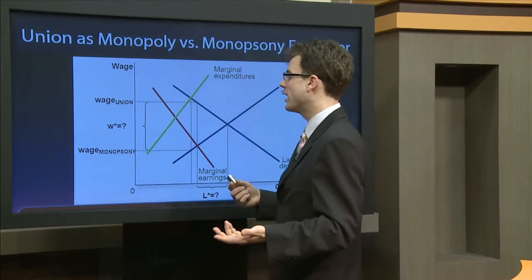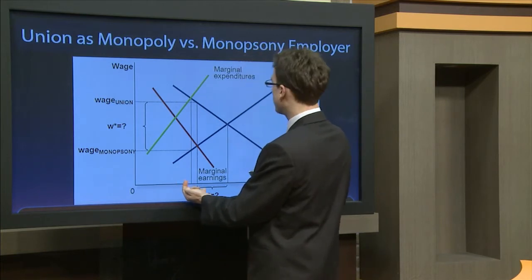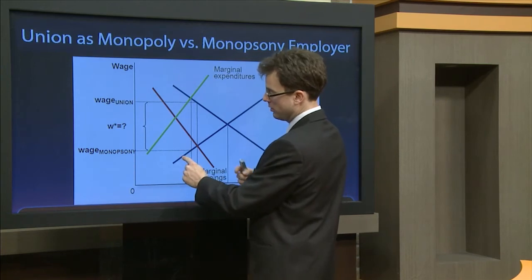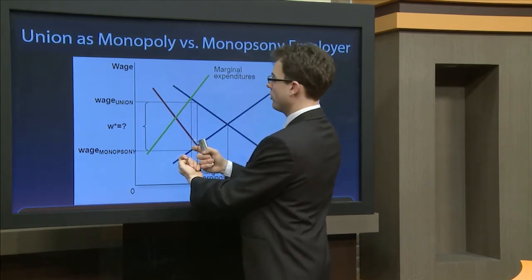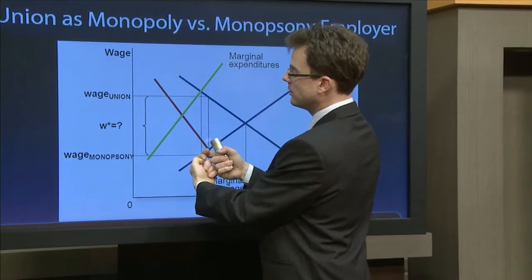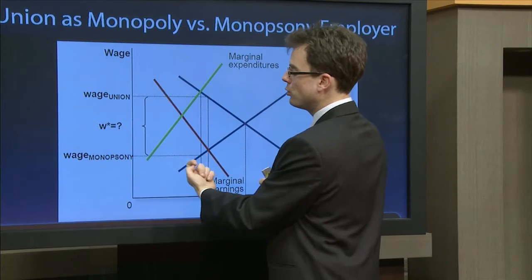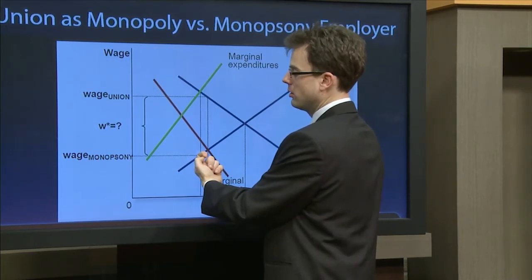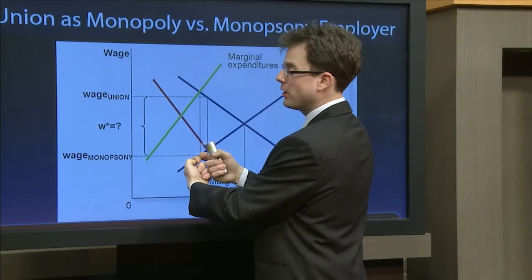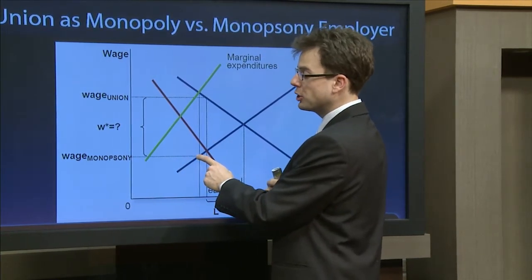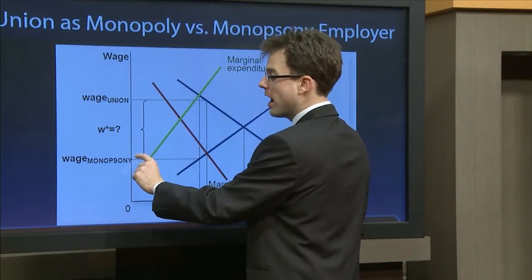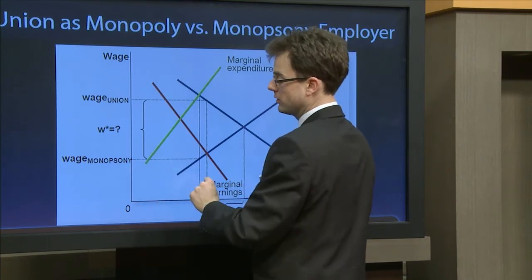The factory recognizes that if it hires an additional worker, first of all, comparing two points on the labor supply curve, the company has to offer a little bit higher wage to the marginal worker who is being hired. Second of all, if we are offering a little bit higher wage to this marginal worker, we also have to offer higher wages to all of the existing workers.